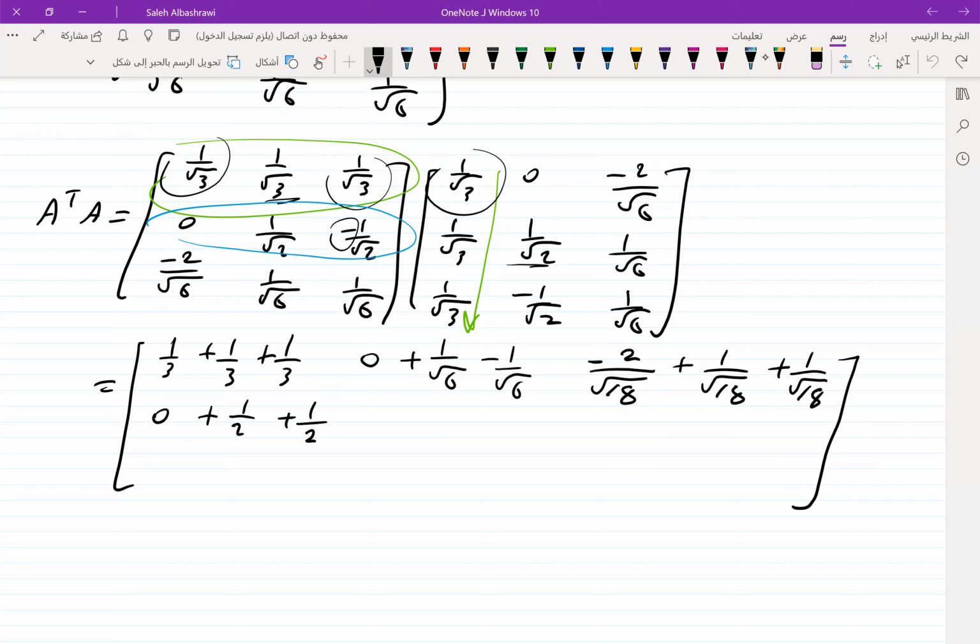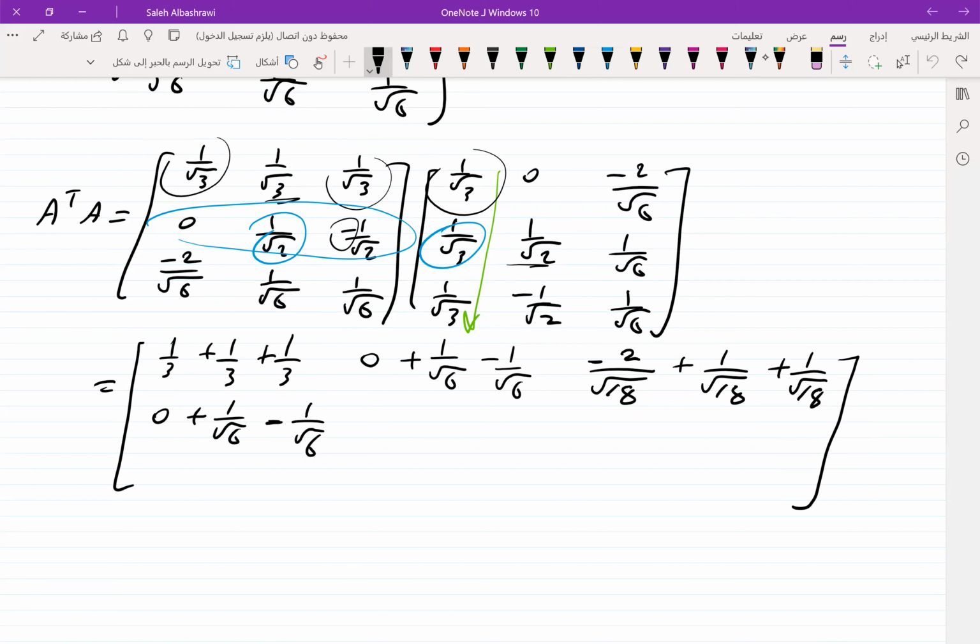This plus minus with minus is plus. Sorry, I need to multiply by the first column first. It will be plus 1 over square root of 6, this one with this one, minus 1 over square root of 6.